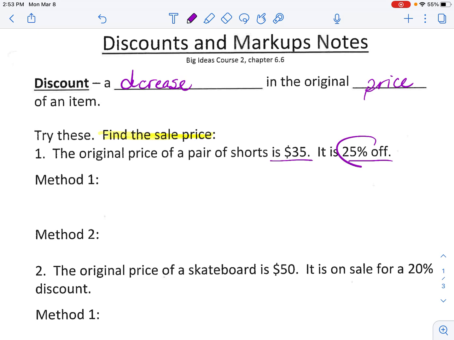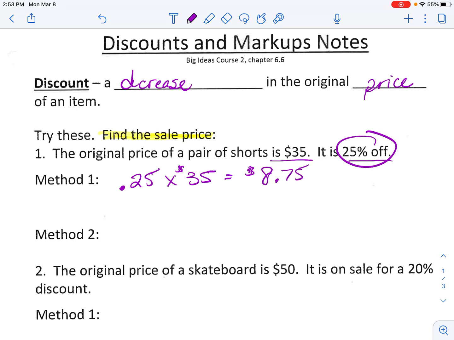First method, 25% off, percent as a decimal. 25% means 0.25. 25% off of the shorts is $35. So if you do 0.25 times the shorts, $35, in your calculator, 0.25 times 35, you get $8.75.